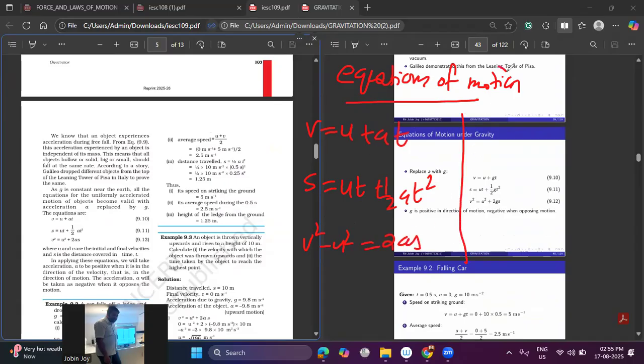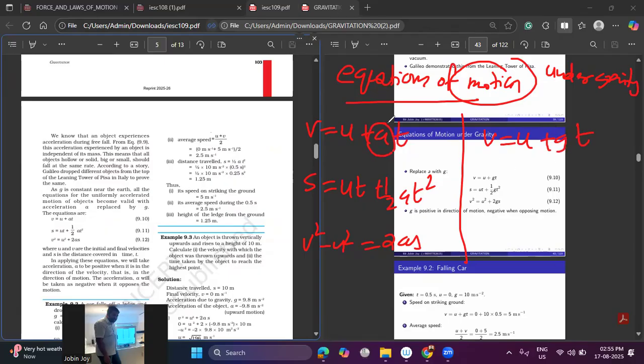If the motion is under gravity only, then we have to replace this acceleration with a small letter g, where g is the acceleration due to gravity. So the equations of motion under gravity become V is equal to U plus GT.